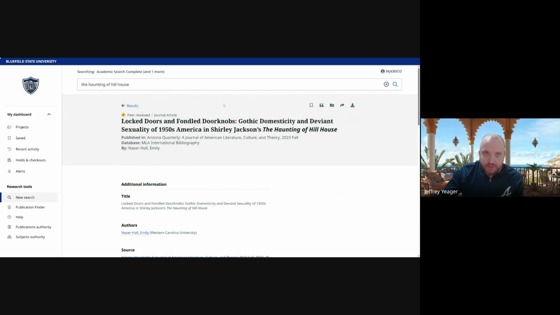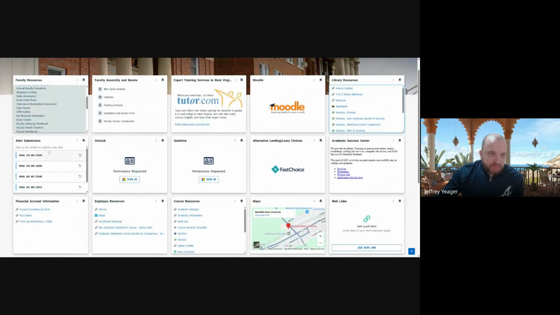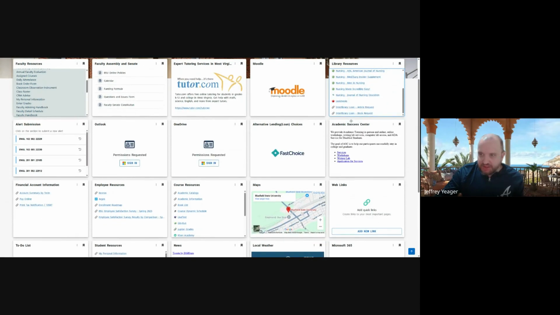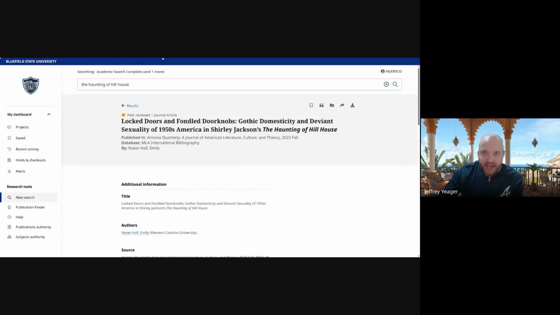So what you do is, if you go back to the My BSU tab, on the library resources, you would scroll down to where it says Interlibrary Loan Article Request. And just to go back and forth between the tabs, you would need to give some information.